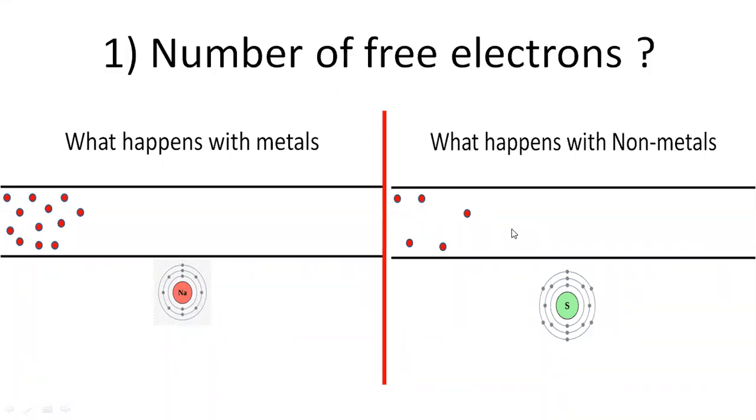So let us compare more. Now the question is the number of free electrons. Who had more free electrons, metals or non-metals? Give me a response. Metals, correct? Now answer my second question.